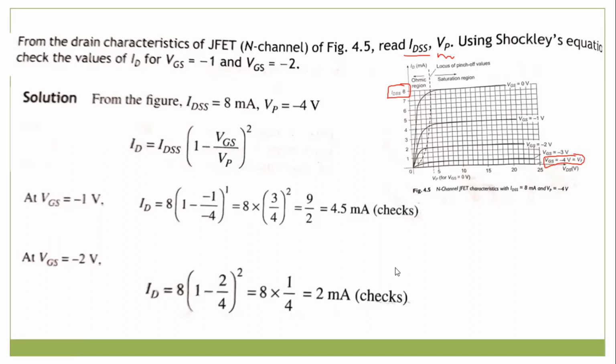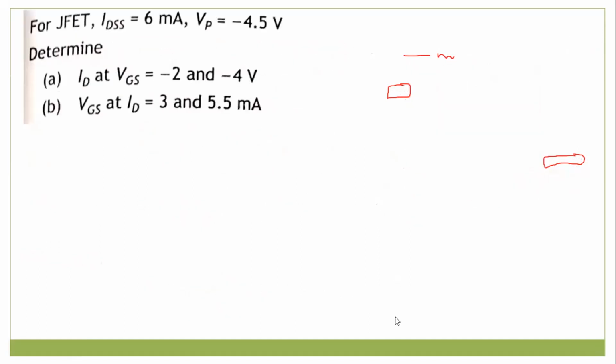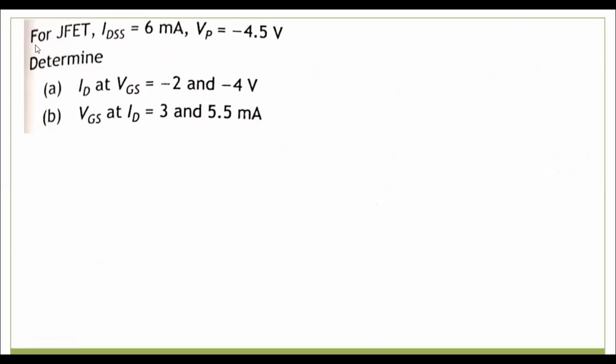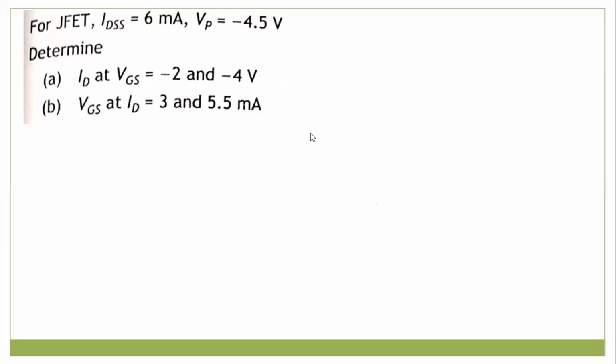Now I'll proceed with another problem based on using the Shockley equation only, again for a JFET. For this JFET, IDSS is equal to 6 milliamps and VP is equal to minus 4.5 volts.